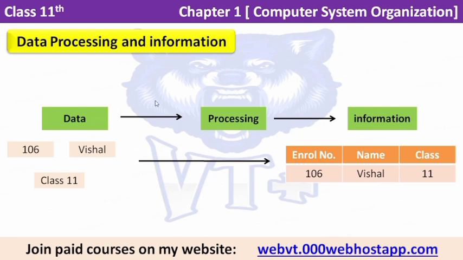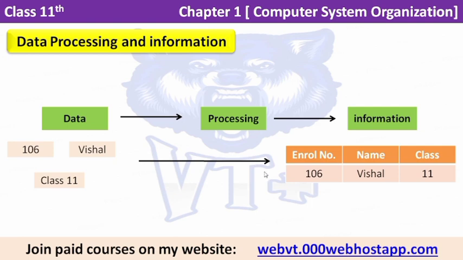Data is defined as raw facts. It means data is meaningless. Data has no meaning. Here we cannot understand by 106 what is 106, what is Vishal, what is class 11th. There is no meaning of this data.